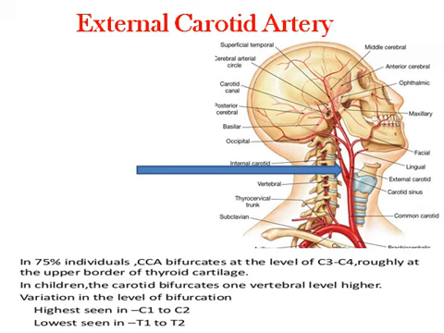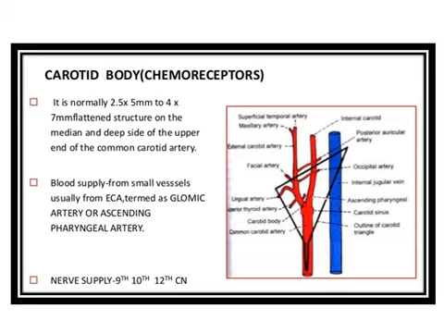Now, before going into the detailed anatomy of the external carotid artery, let's discuss two important structures that lie at the bifurcation of the common carotid artery. The first important structure is the carotid body or receptor.